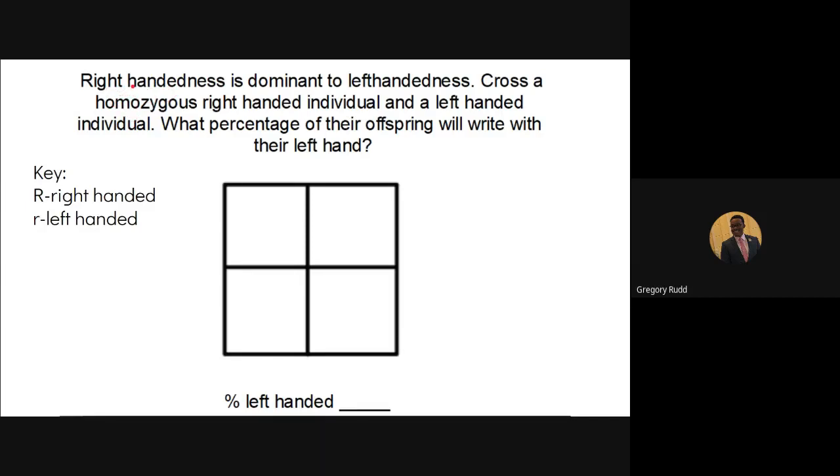They should either both be capitalized, or they should both be lowercase. But it does say that this person is right-handed, which means that that's the dominant trait. So that means that they both should be capitalized. And then the other is a left-handed individual, which means that they express both of the recessive alleles. So they should both have lowercase r's.